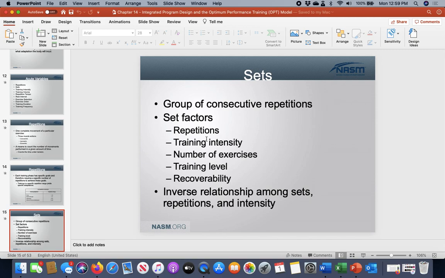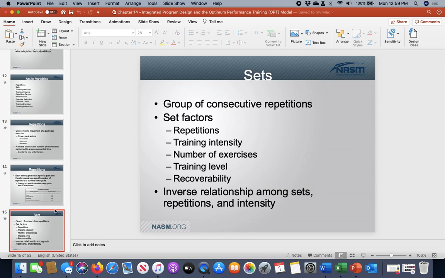So typically the rule of thumb is if you're doing more repetitions, more reps and sets together, then the intensity will be down. If you're doing lower reps at a particular set level, the intensity can be up. And that's a rule of thumb.